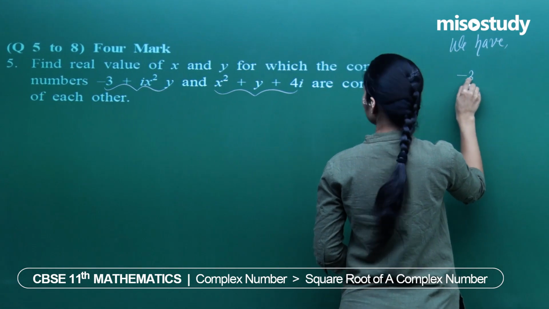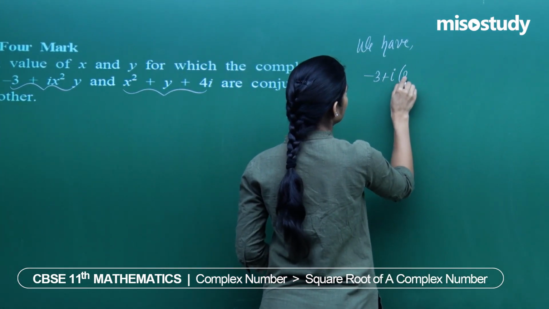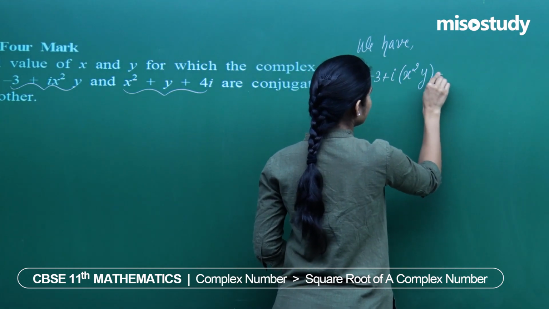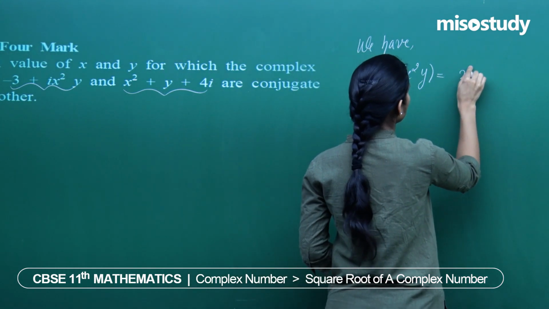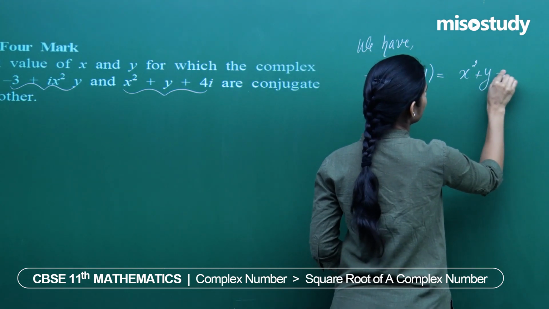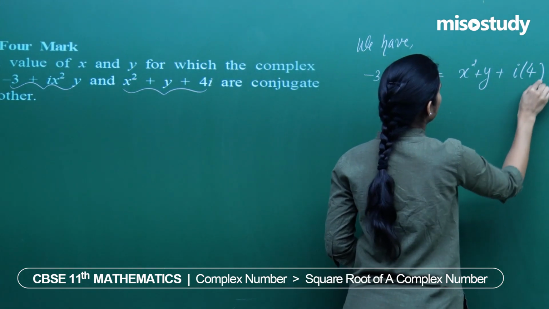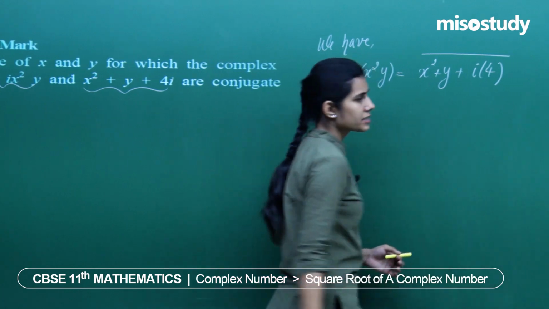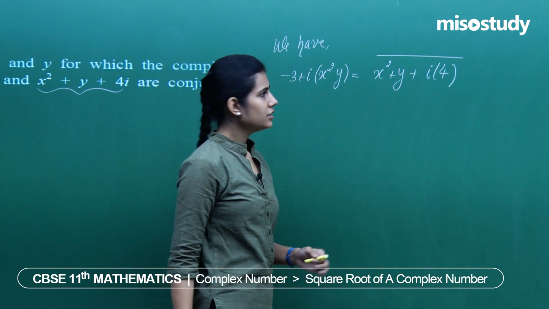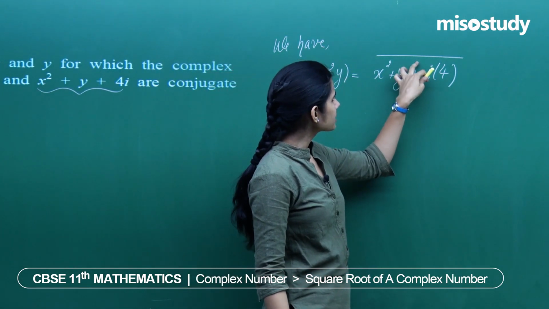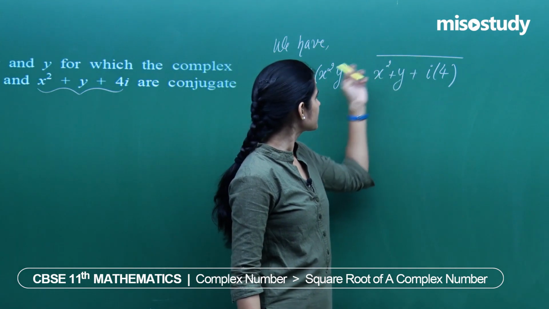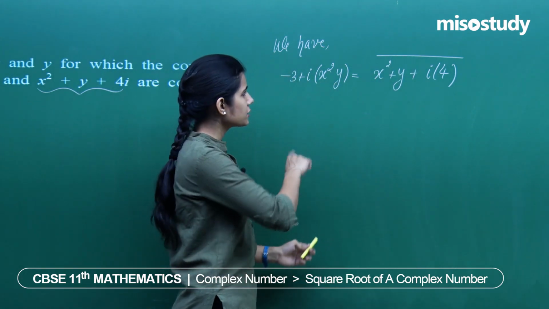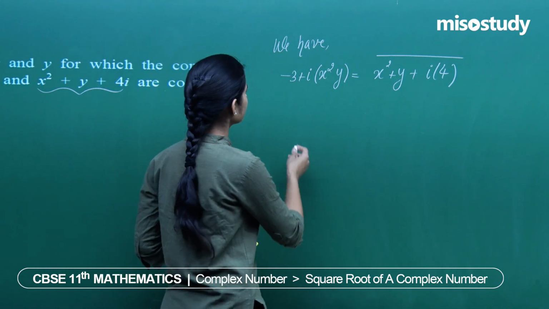This complex number is complex conjugate of this complex number. That means this complex number is this complex number's conjugate, bar. That means when you take this complex number's bar, you get this complex number. That is the meaning of being conjugate.